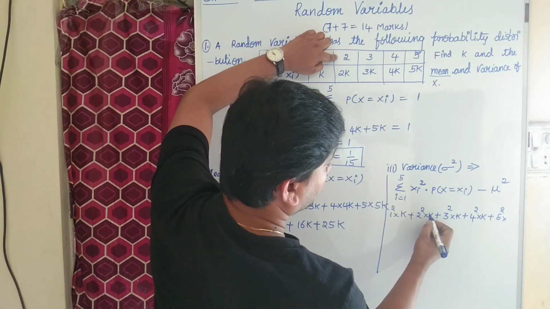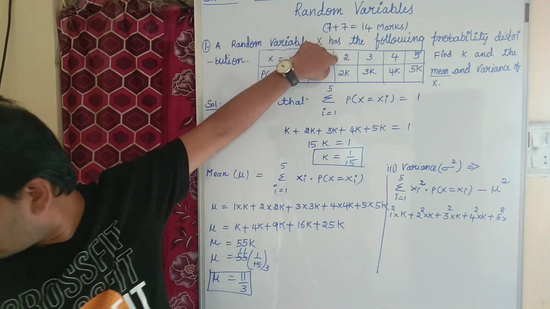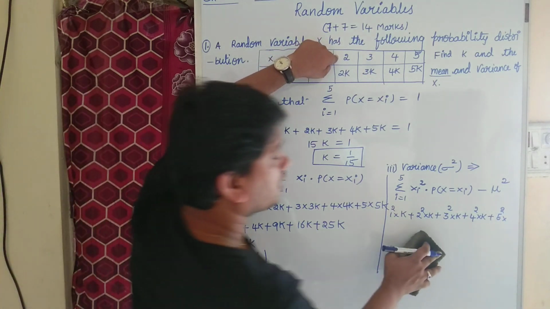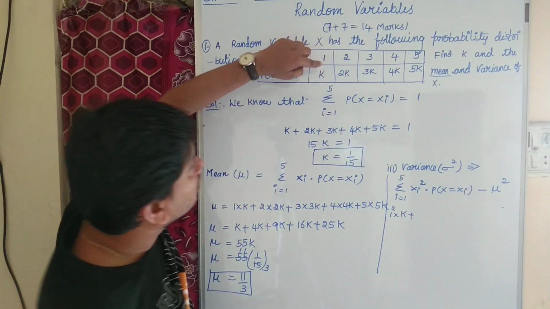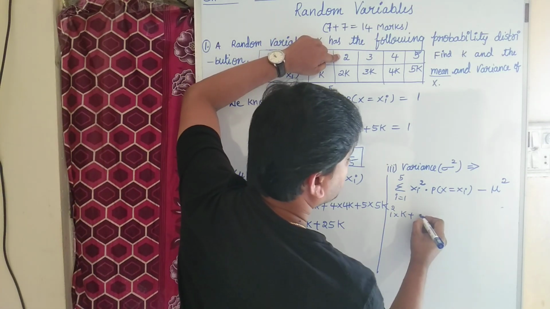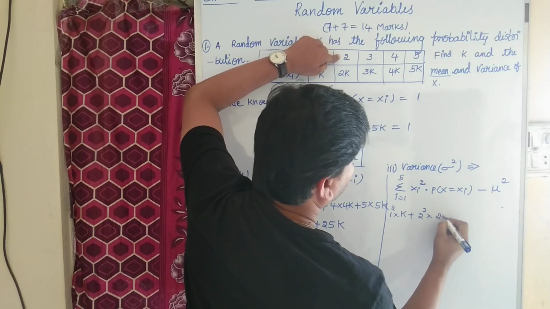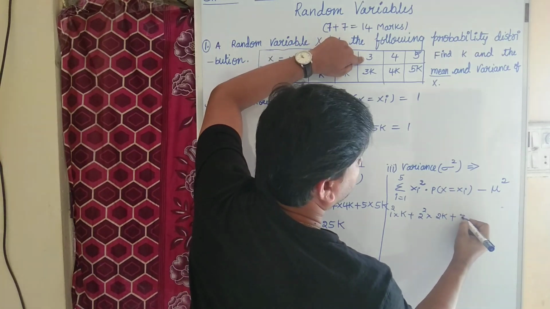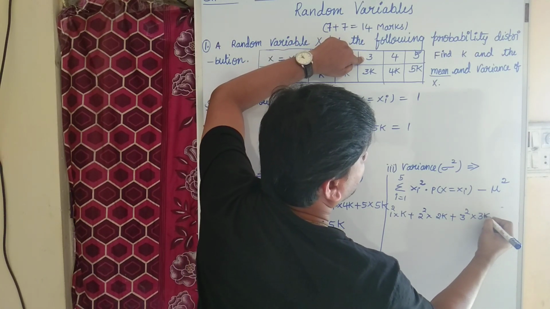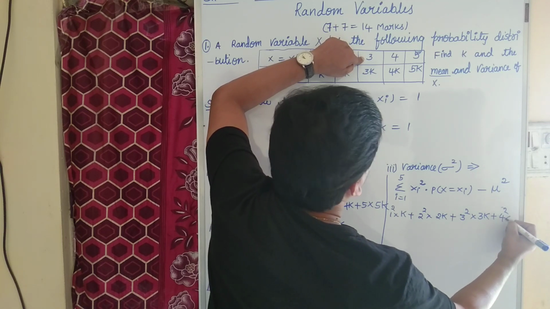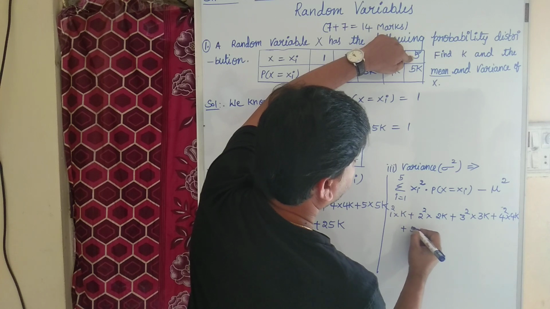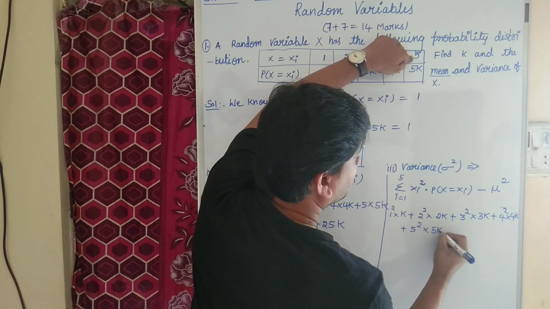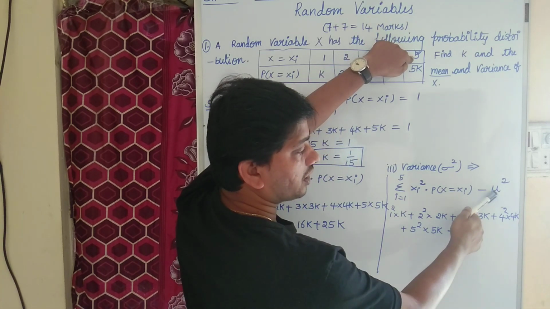We have written it wrong here. 1 square into k plus 2 square into 2k plus 3 square into 3k plus 4 square into 4k plus 5 square into 5k minus, children, what we have here?